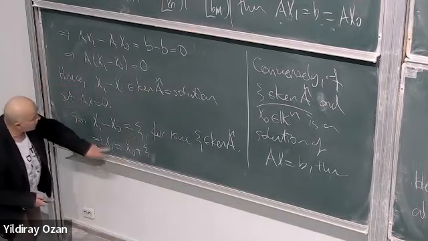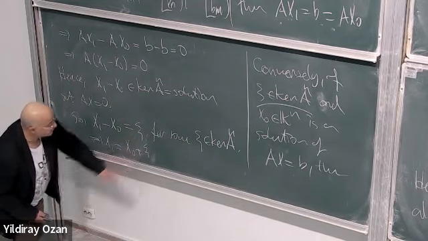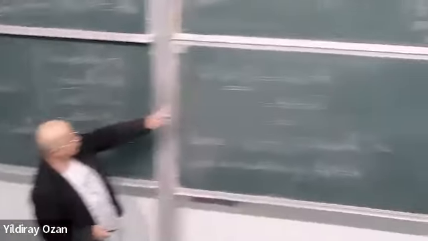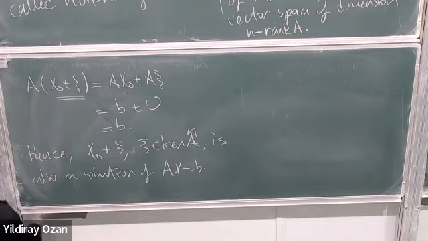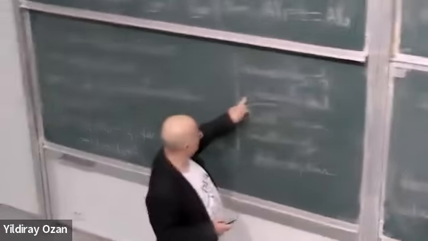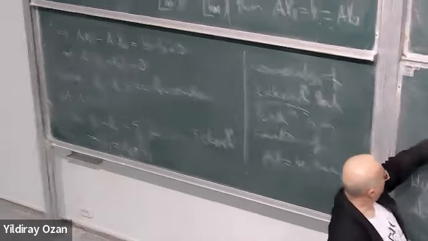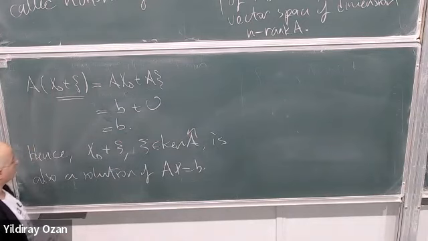So one solution can be written as the zeroth solution plus some c in the kernel. And this shows that if x0 is a solution, and if c is any element in the kernel, then x0 plus c gives me another solution of this non-homogeneous equation.